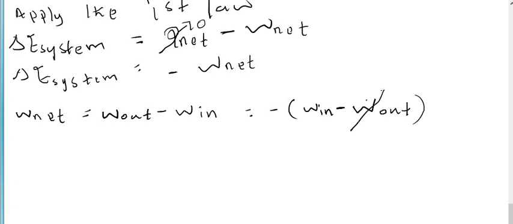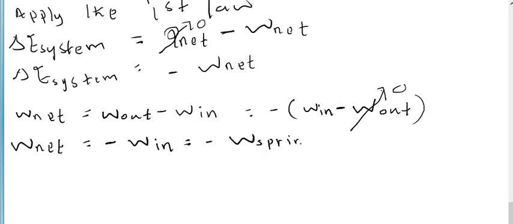So work out is 0. Therefore work net is equal to minus work in, and the work in is from the spring, so it equals minus the work done by the spring, which is work in to the system.